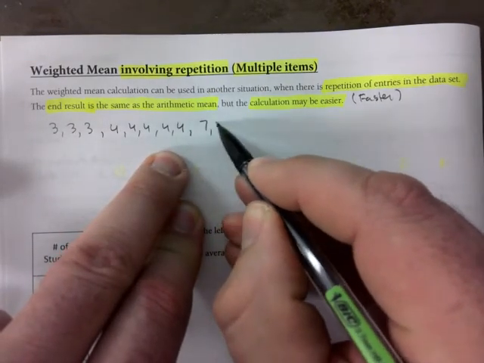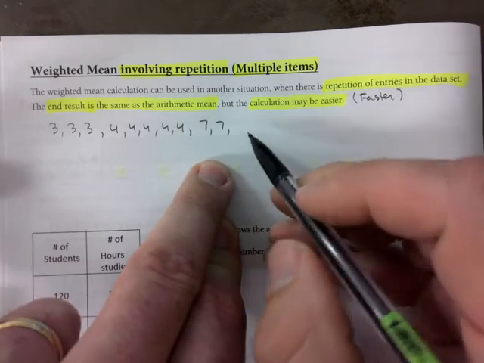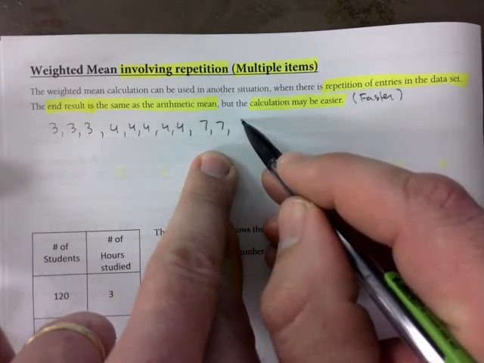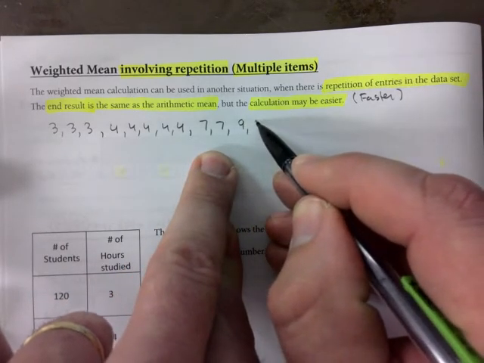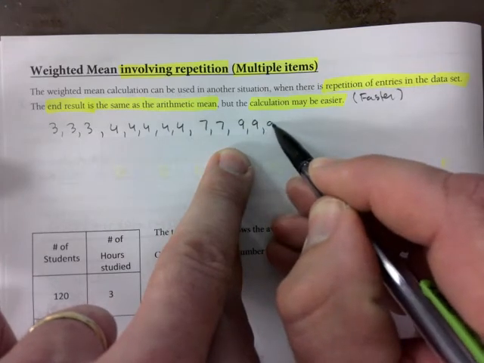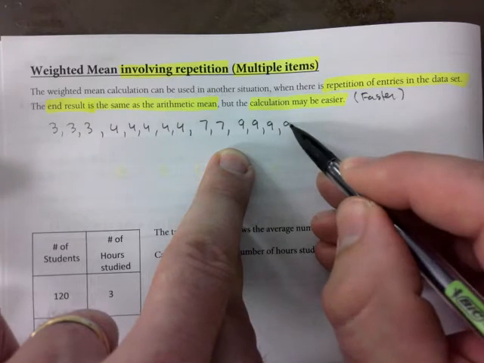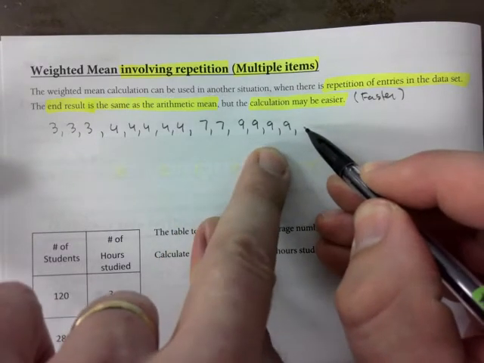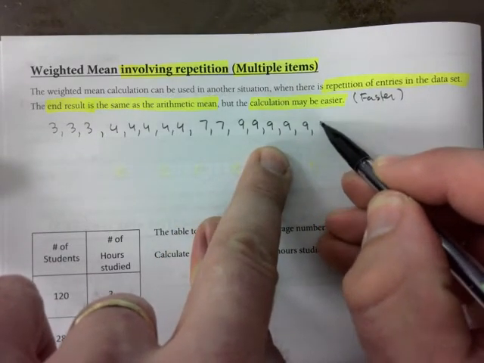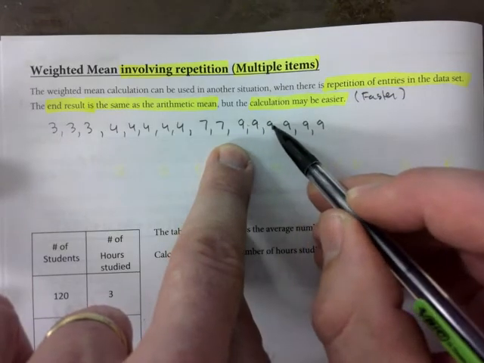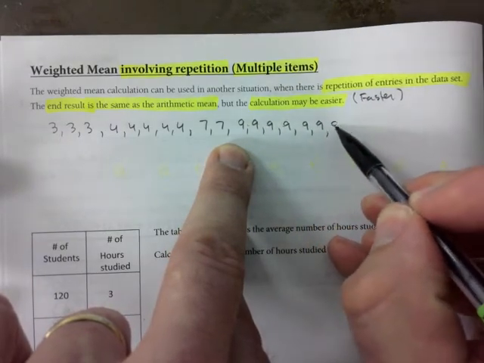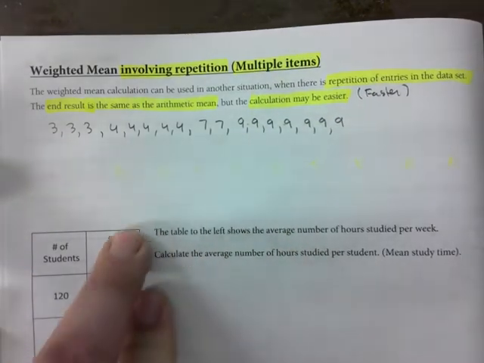Then we go 7, 7. And then we're going to put down 9, 9, 9, 9. That's 4 nines already. We're going to make it 7. 1, 2, 3, 4, 5, 6, 7 nines, okay?